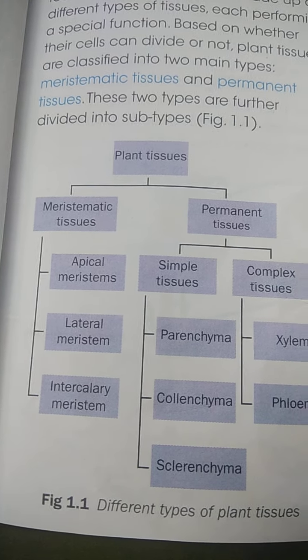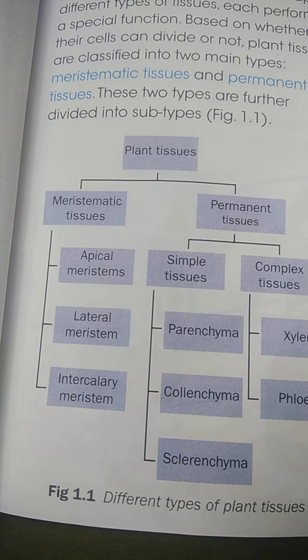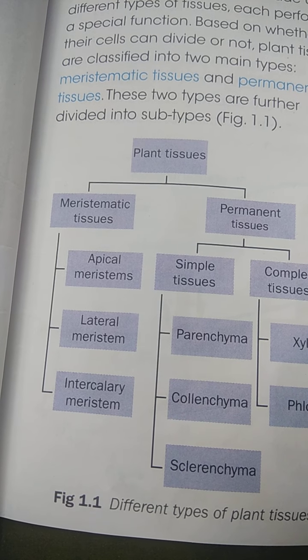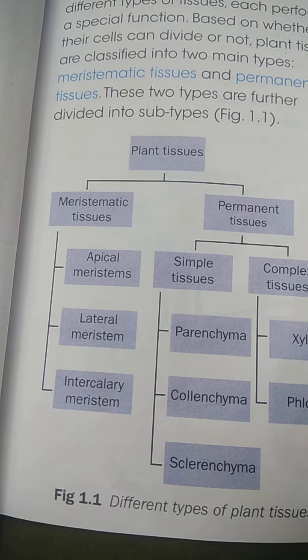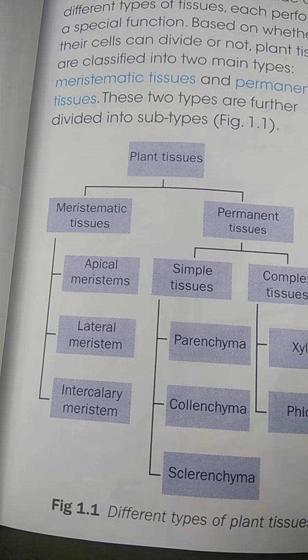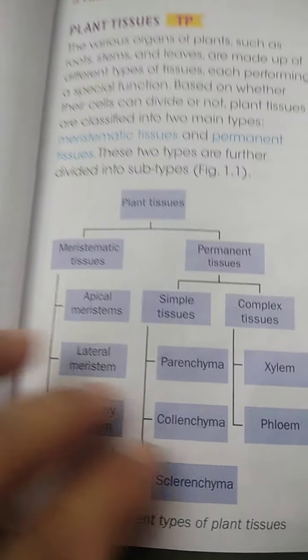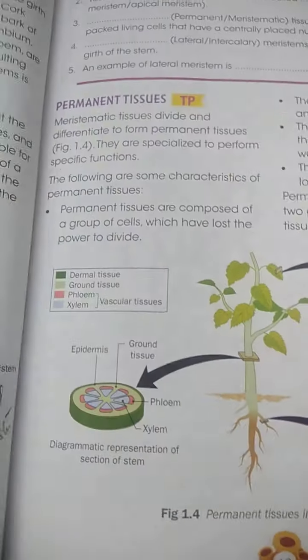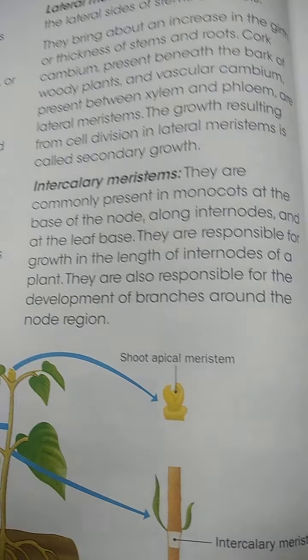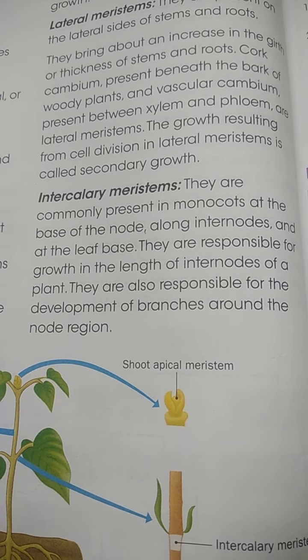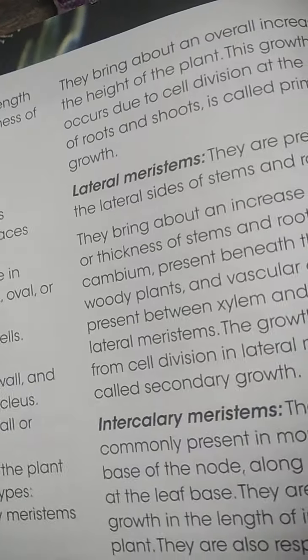So the meristematic tissues are the actively dividing cells. These tissues provide new cells that differentiate into specialized tissue for the development of new organs. So the function of meristematic tissue is to bring about growth in length and to increase the thickness of stem and roots.